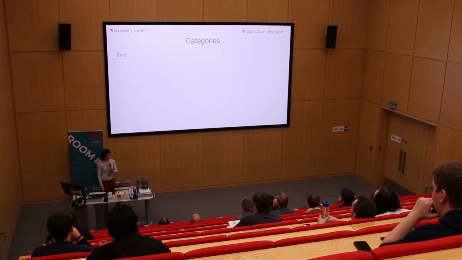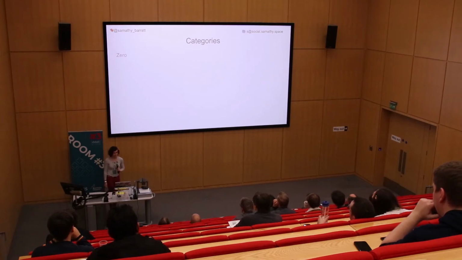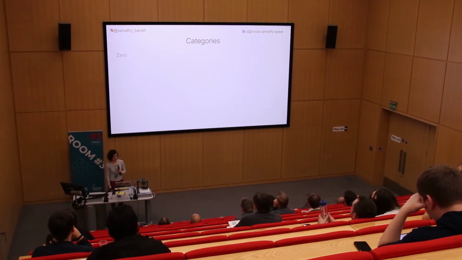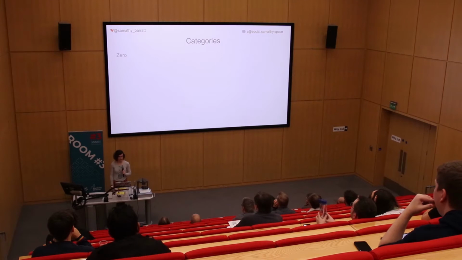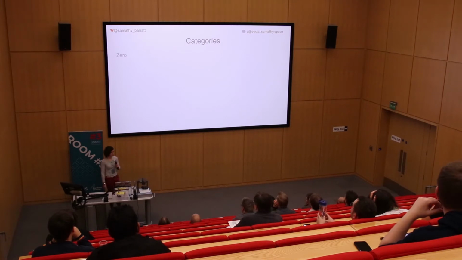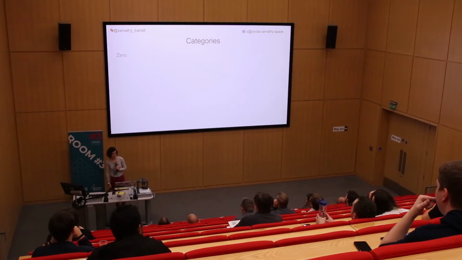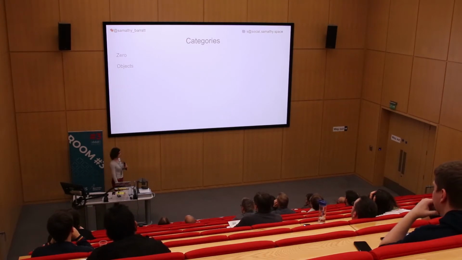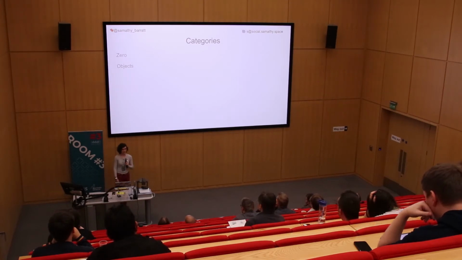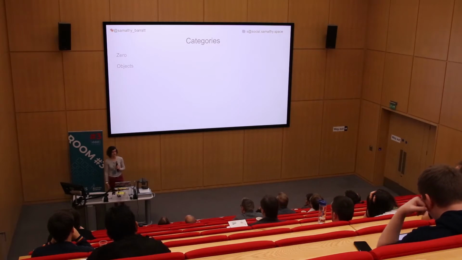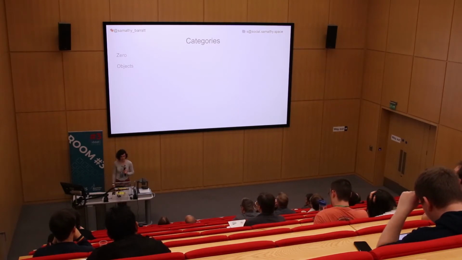I'm going to run through some categories in this talk. We're going to start off with the category of zeros, and where we use zeros in programming languages to represent nothing. And then I'm going to talk about objects and how we might use objects in object-oriented languages to represent the concept of nothing.